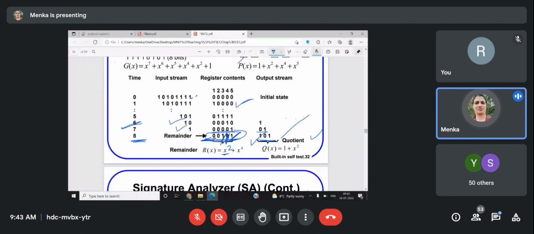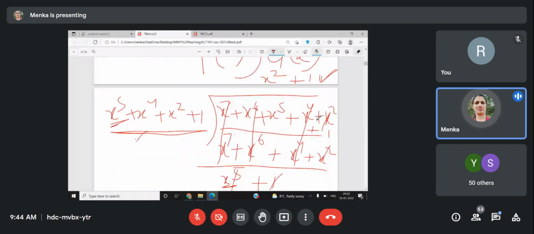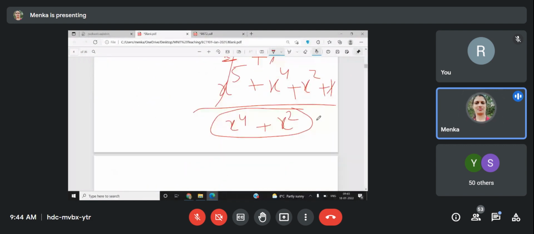And the same thing we are getting from here, so please correct this a little. You can see we are getting the same remainder polynomial over here. This is the remainder polynomial x^4 plus x square and the quotient is 1 plus x square, which we are going to represent by q(x).